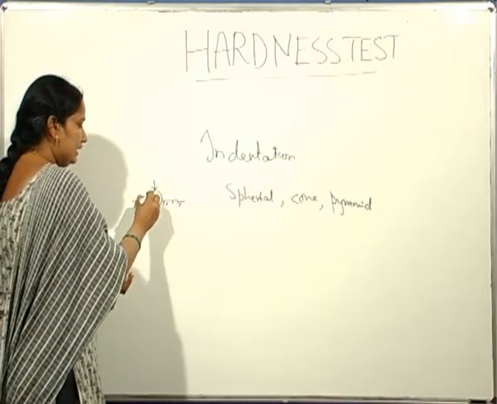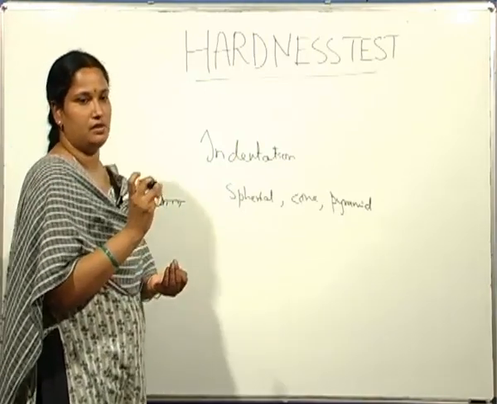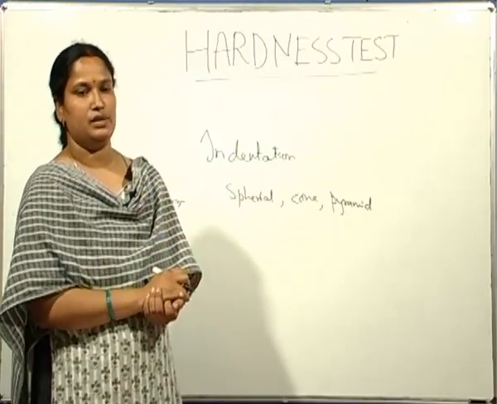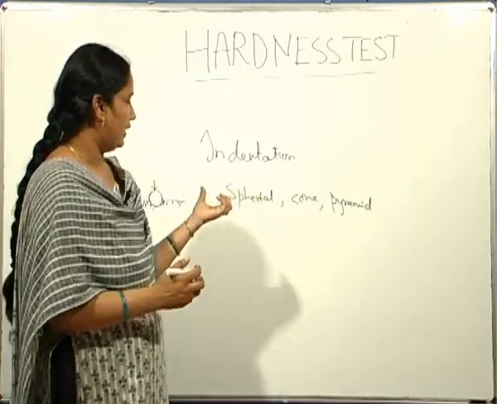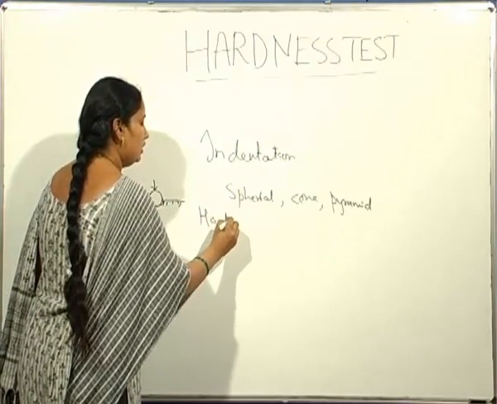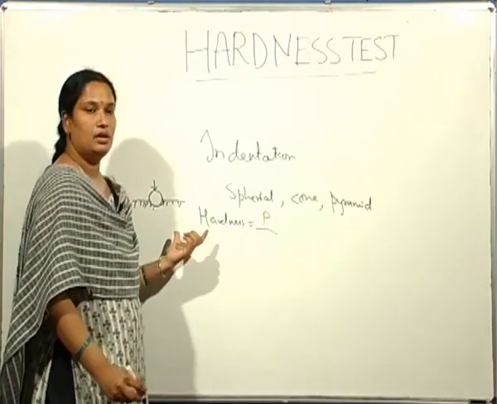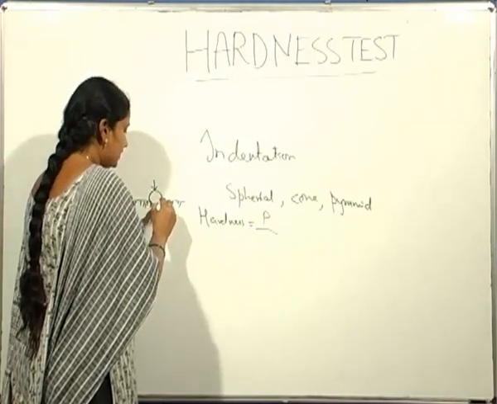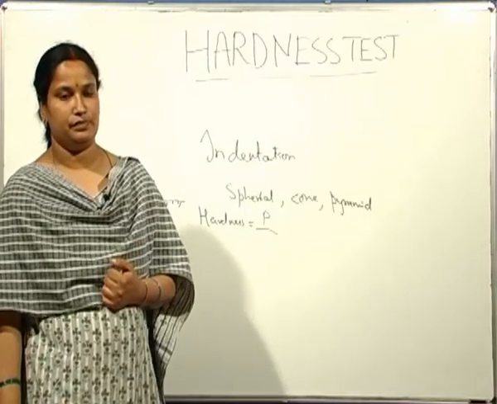So this indenter makes an impression or indentation on the surface of the sample. So hardness is determined by the formula: hardness is equal to the load divided by the surface area of indentation or depth of indentation.